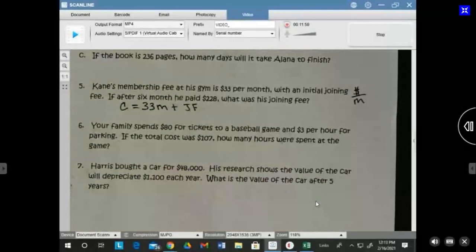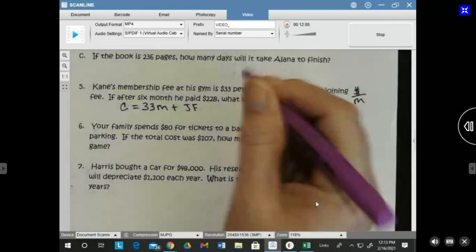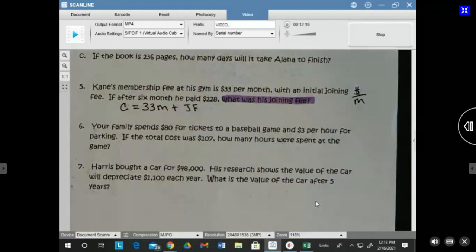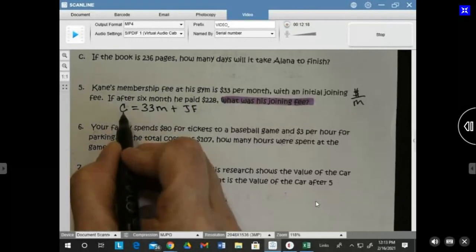They didn't tell me what that is, did they? They didn't tell me that initial joining fee. As a matter of fact, that is the question. What was his joining fee? Well, did they give me a number for cost? Did they give me a total cost?